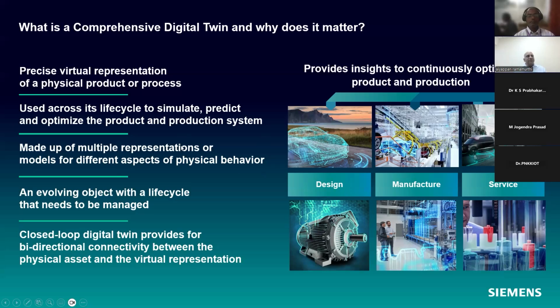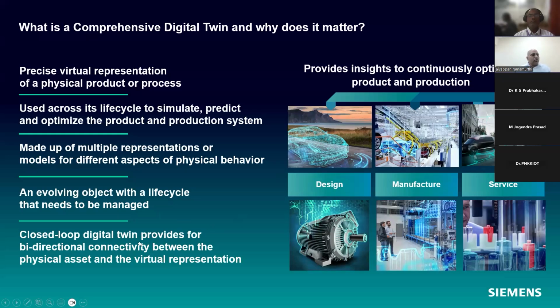When you say multiple representations, obviously the physical world is extremely complex, and we need to ensure that not every aspect needs to be mimicked in the twin, because there is always a cost associated with it, which means time and complexity. And if it is not going to help in solving the problem, maybe those things may not be required. That is the decision point, the understanding and maturity which needs to be there.